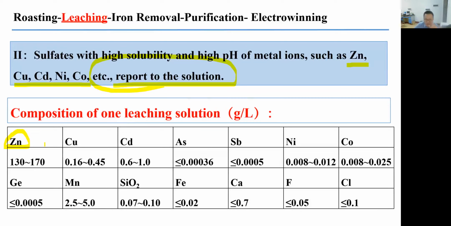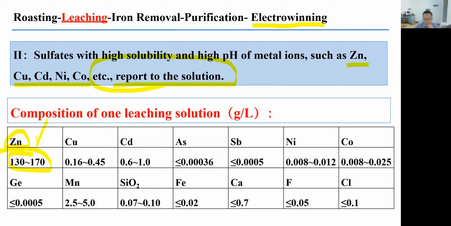So when we have 1 liter of leaching solution, we can get around 170 grams of zinc deposited on the cathode in the electrowinning process.